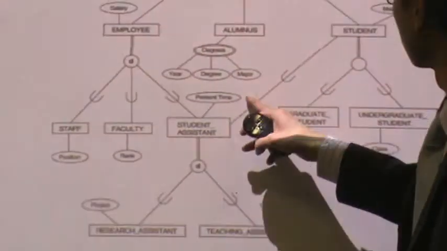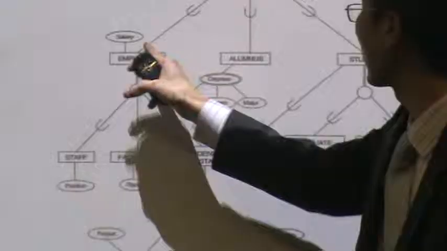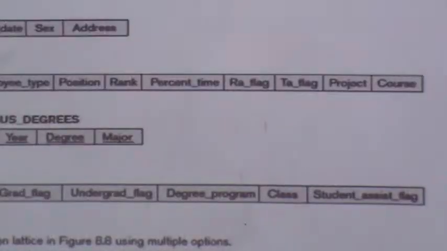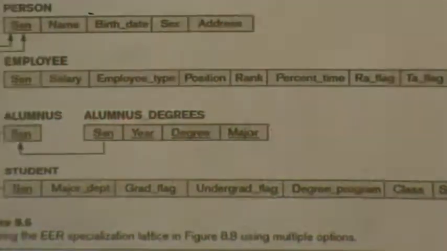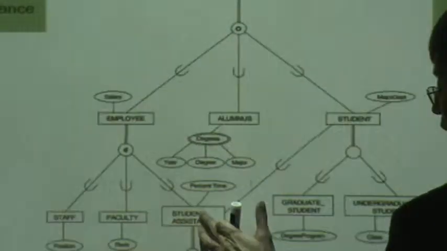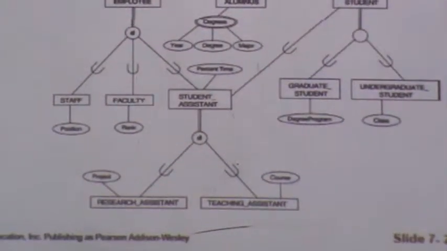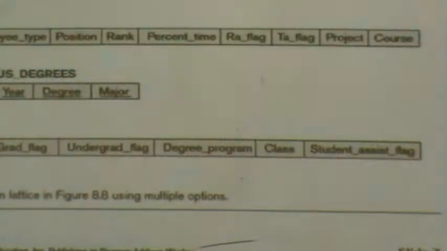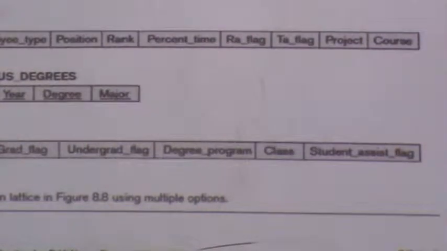What about student assistant with the student and employee, the multiple inheritance? Where's the student? Student assistant is here, okay? Student assistant here. It's option 2.